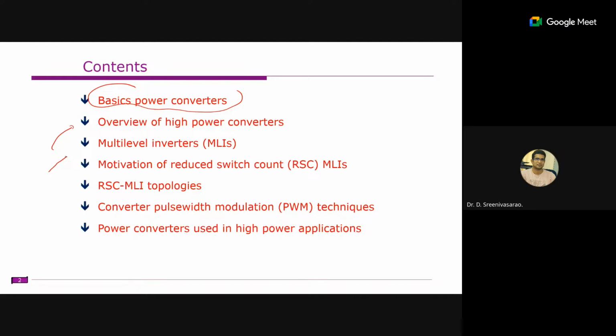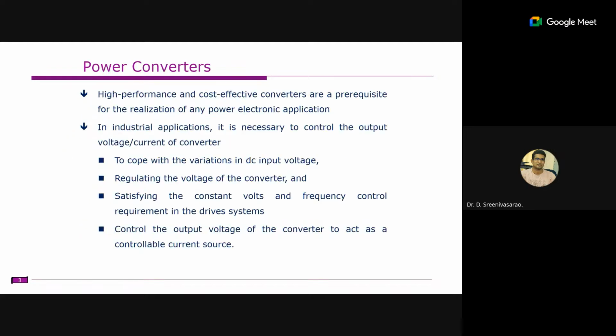Right. So first thing is that, as we know, for any application, any power converter, you require a cost-effective converter. That is a prerequisite. The application may be anything: a motor drive, a renewable energy source integration, HVDC, anything. We normally require power converters to cope with the variations of the input DC voltage, and to regulate the output of the converters.